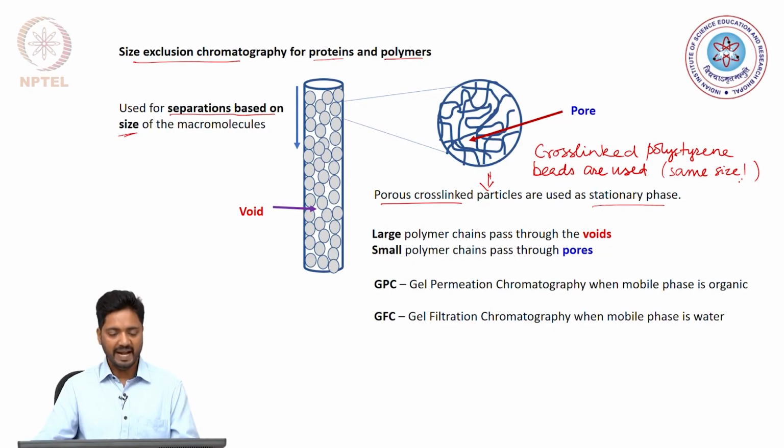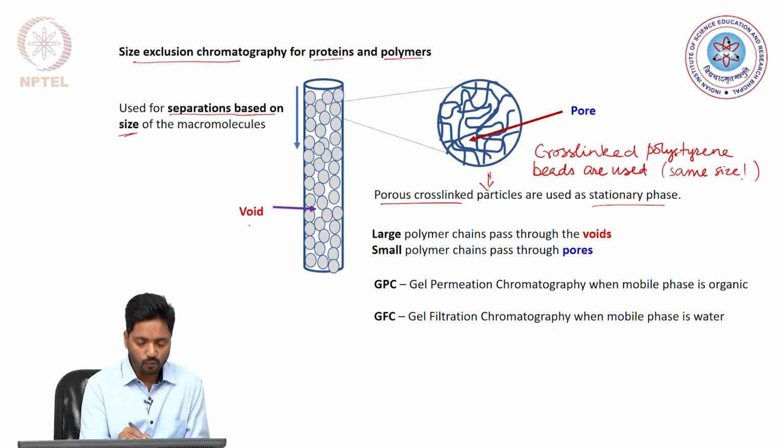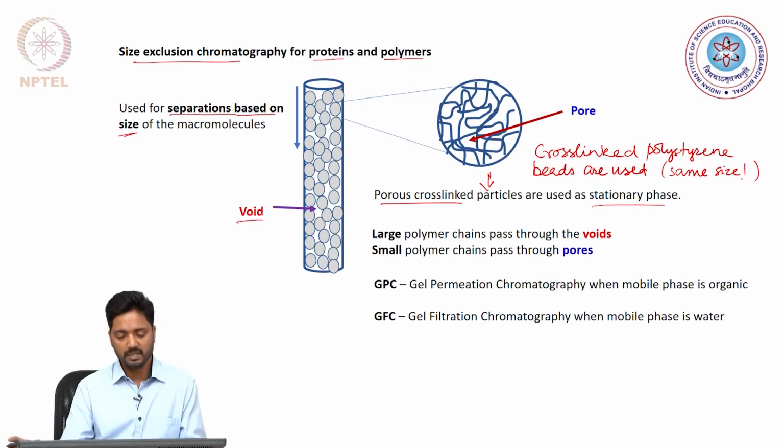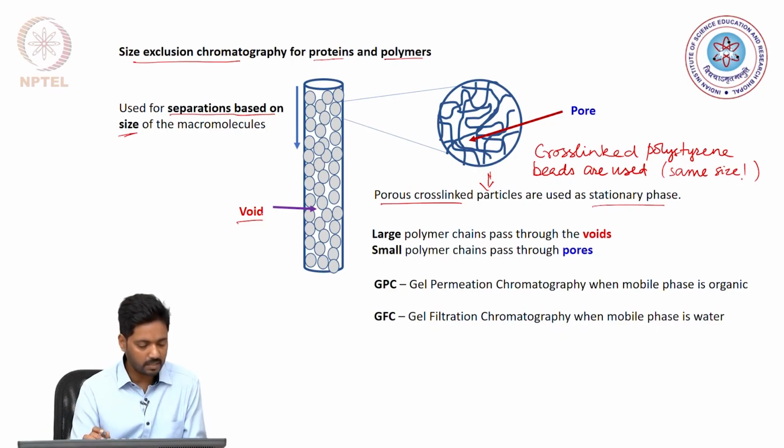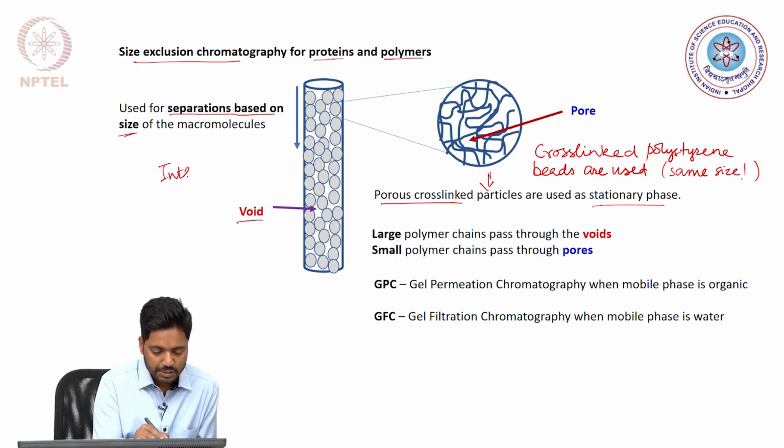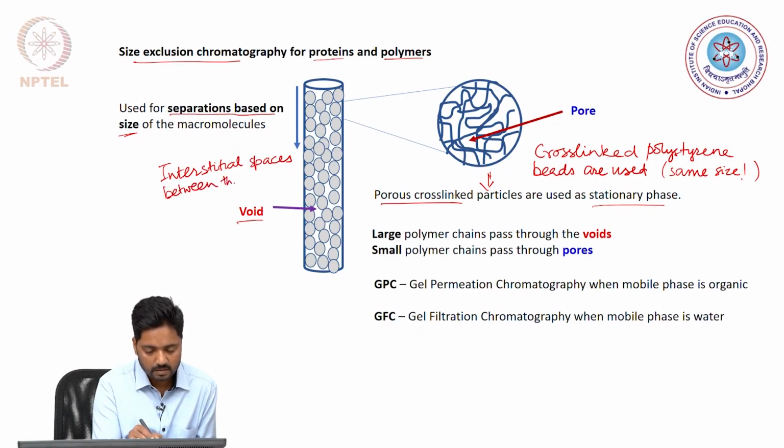One is that we have voids in between the particles. So, the voids are interstitial spaces between the particles.